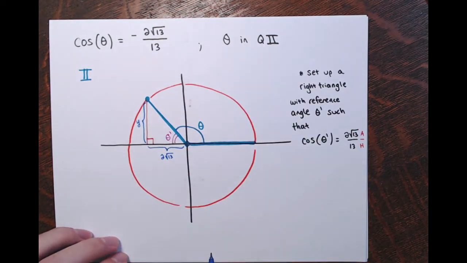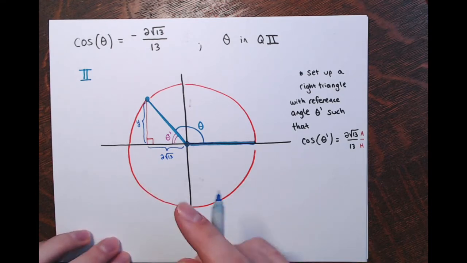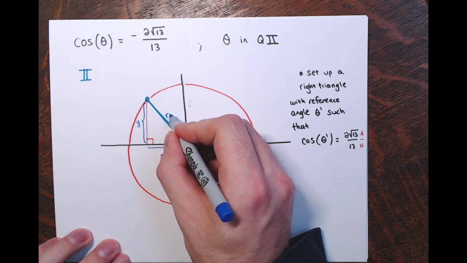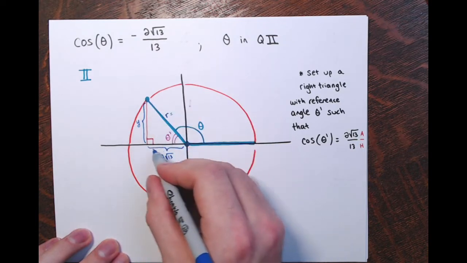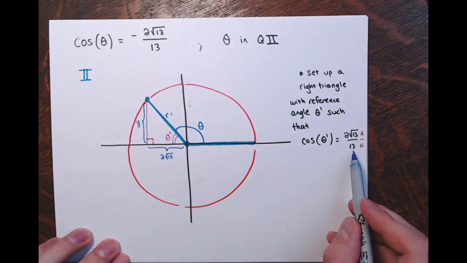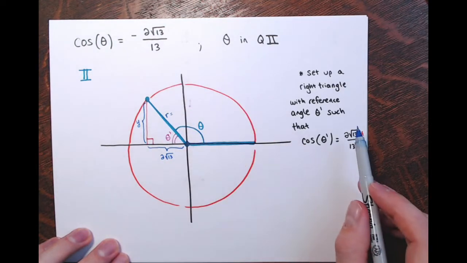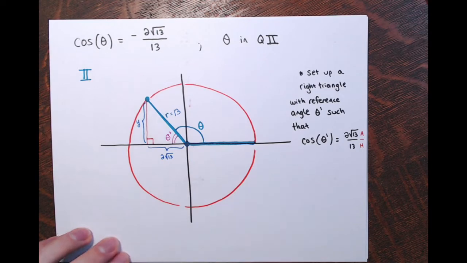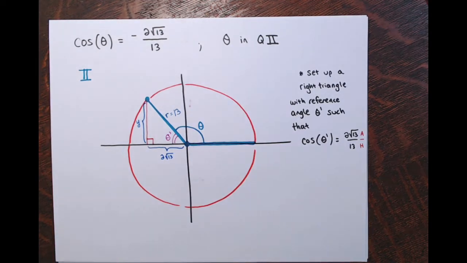If it were horizontal, I'd call it x. And then the radius, which is the hypotenuse, the distance from that point to the origin, is 13. This fraction I was given, I think of as adjacent over hypotenuse. So the radius here is 13.